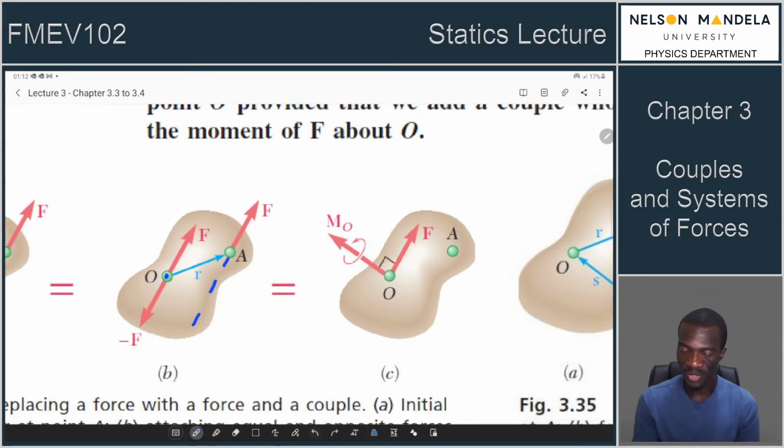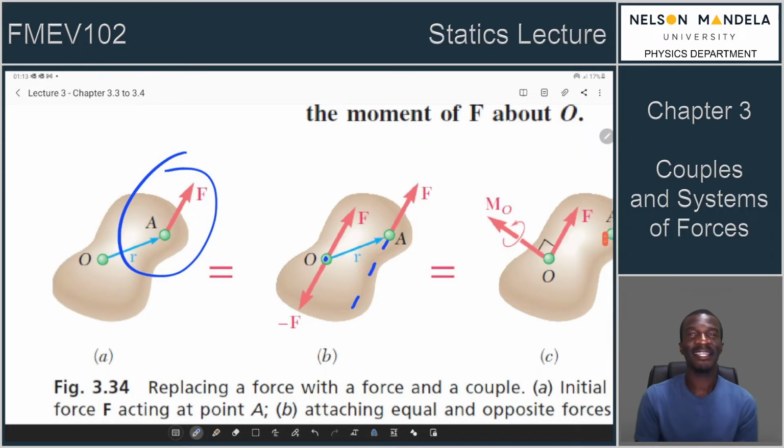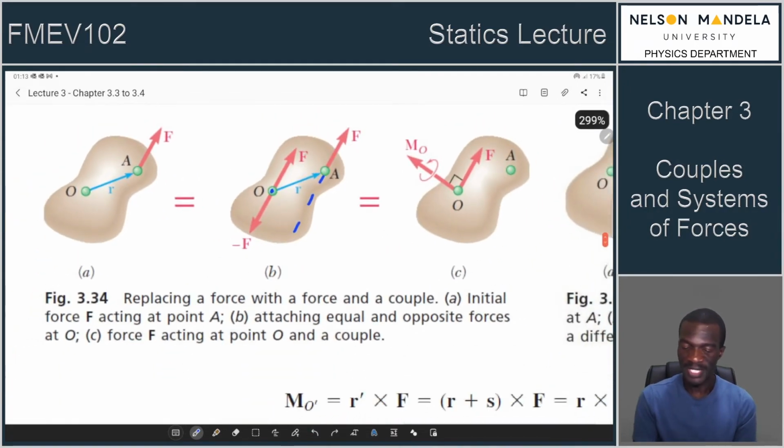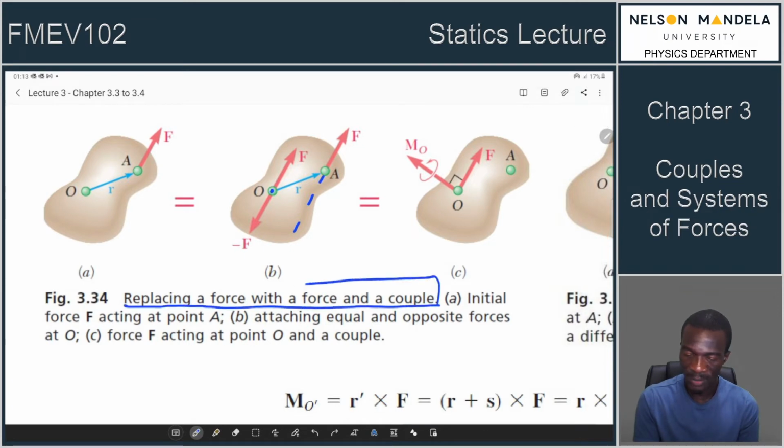So in the end, you now have a force and a couple that are replacing an existing force that was there on the system. So these are just steps on how to replace a force with a force and a couple. You are replacing one force with a force and a couple.